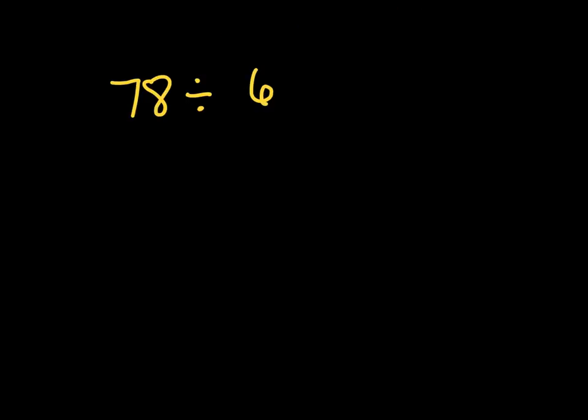78 divided by 6. I know we just did this one, but we did the equal groups where we drew the pictures. Now I'll show you the break apart method. We're going to pull out numbers that equal 78 but are divisible by the divisor of 6.